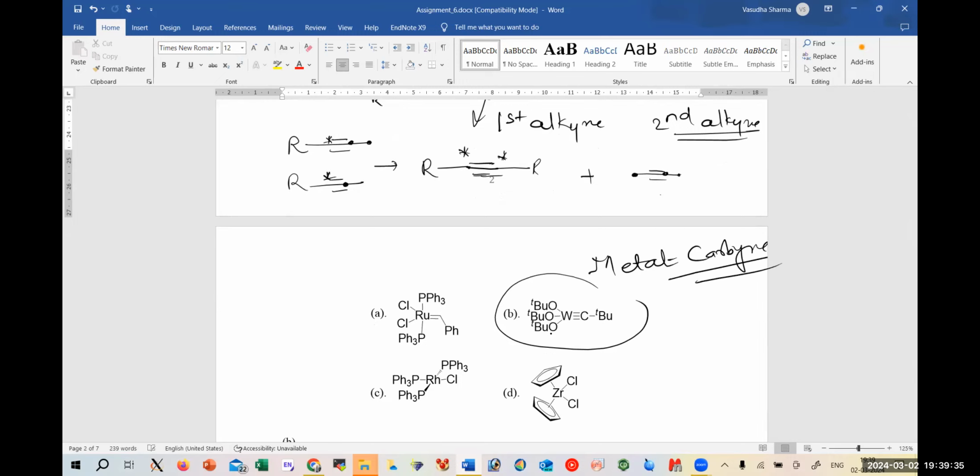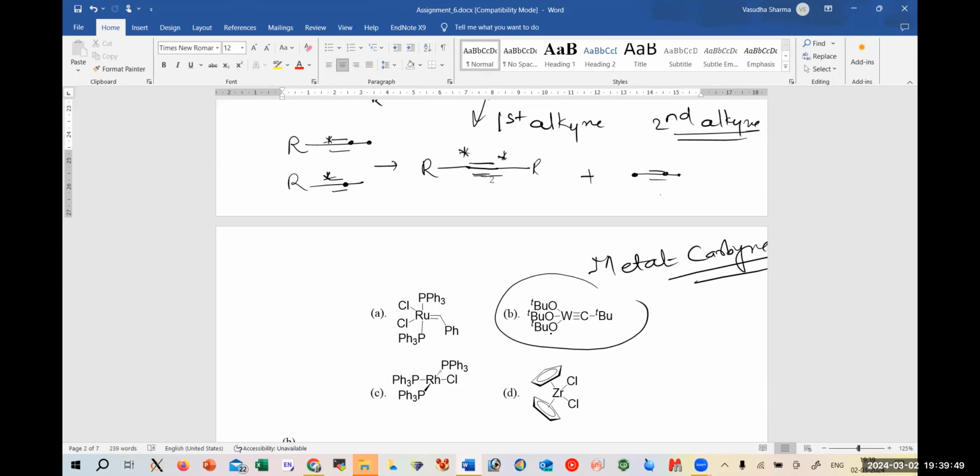We have seen this is your Grubbs catalyst that only gives you the alkene metathesis. A metal carbyne is the one which would tend to give you this kind of self metathesis or cross metathesis of alkynes.